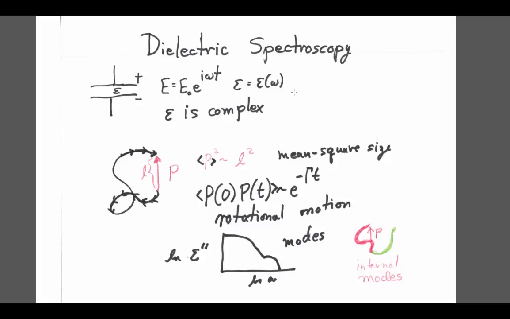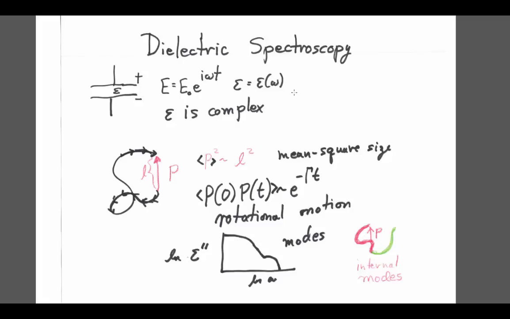If you turn the voltage off, there's no charge, and the two change in unison with each other. But if you actually do this experiment and apply an alternating field, there is a component of the charge that is in phase and a component of the charge that is out of phase. You can switch these things around in various ways. And the net result is that epsilon is complex.